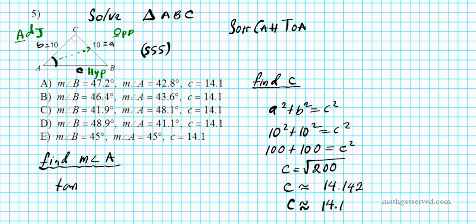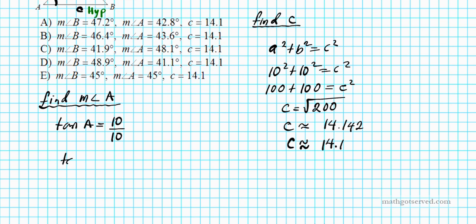So we're going to set up the equation. Tan of A, the unknown angle, is equal to the ratio of the opposite over the adjacent, 10 over 10. So we have tan A is equal to 1. Now, how do we get A isolated? What we'll do is we take the inverse tan of both sides of the equation.